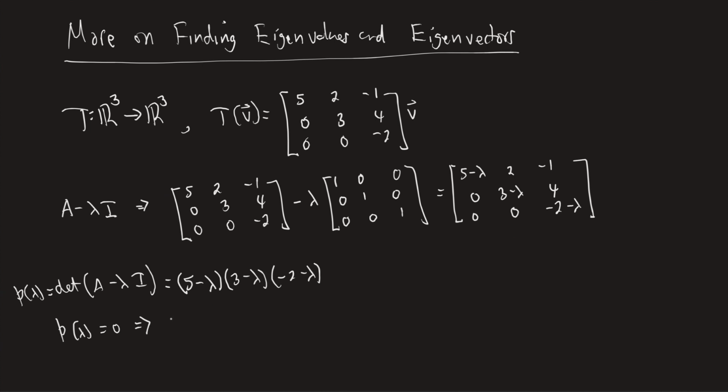So we can see that lambda 1 is going to be equal to 5. Lambda 2, and there's no particular order here, is going to be 3, and then lambda 3 is going to be -2. I just want to point something out here.